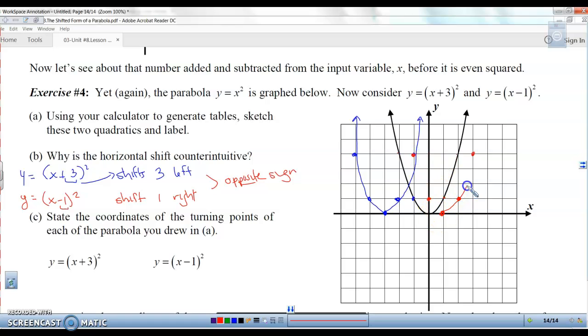So when I graph this, pretend I can draw a curve, it goes like this, and it shifted 1 to the right. So this is y equals x minus 1 quantity squared. This one is y equals x plus 3 quantity squared. So for the coordinates of the turning points, notice if this is x plus 3, the turning point is now right here at -3, 0.